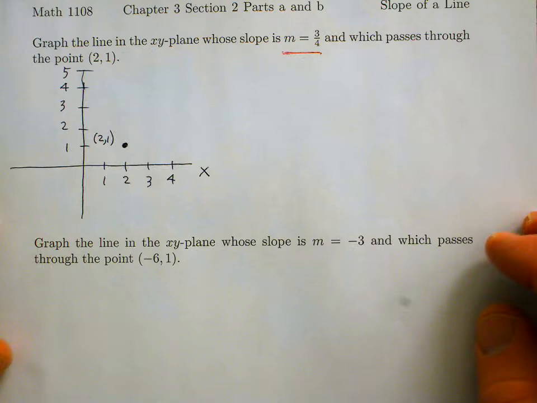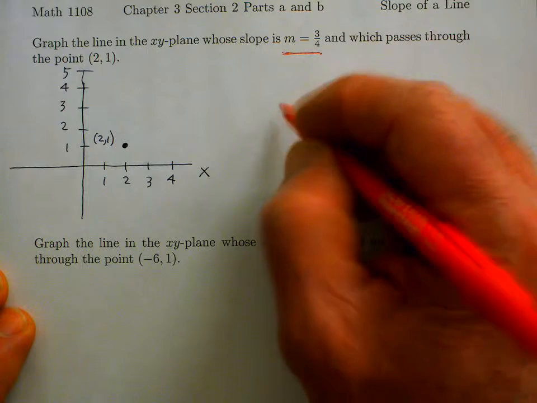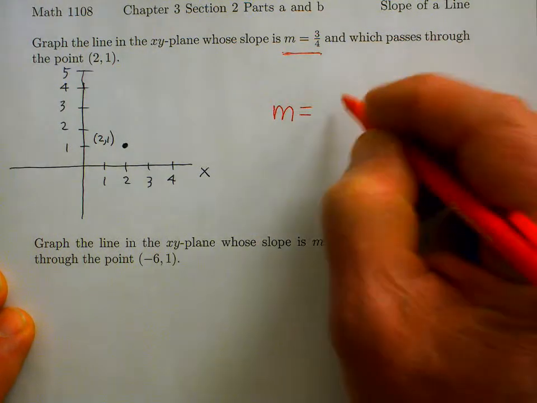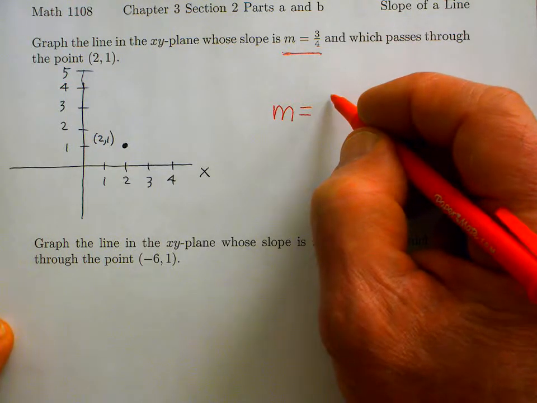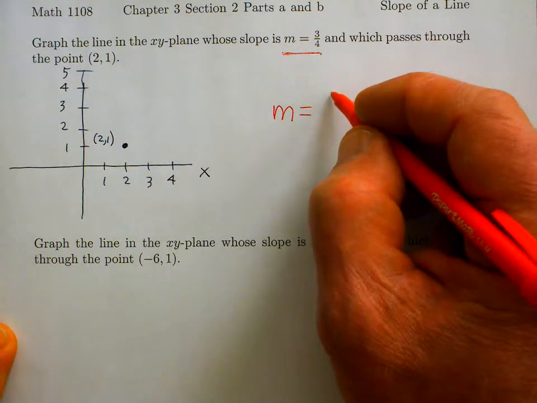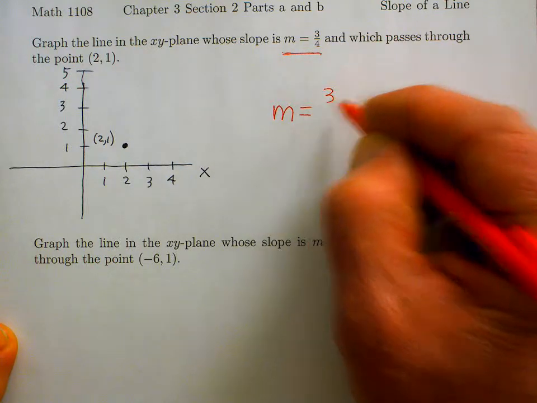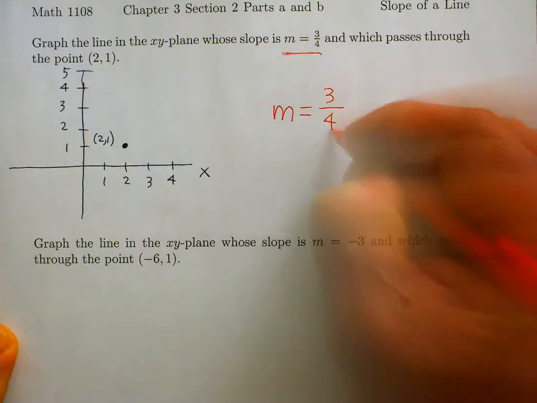Here the slope is 3/4. So we can think of the slope in a couple of ways that are equivalent. We can think of this slope as having a rise of +3 and a run of +4.